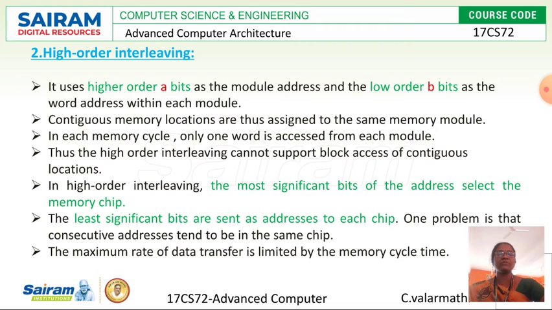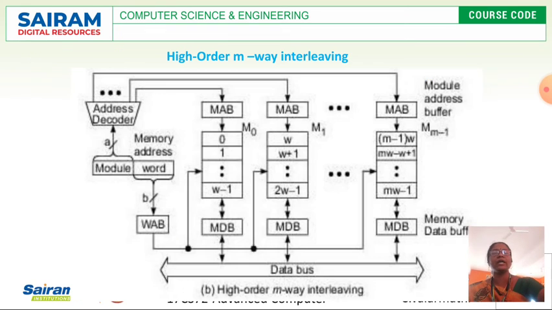So from the name itself we can easily identify high order interleaving. In the high order interleaving, most significant bits are used for representing the module address, and LSBs are used for representing the word address. So this is what is happening in the high order interleaving.